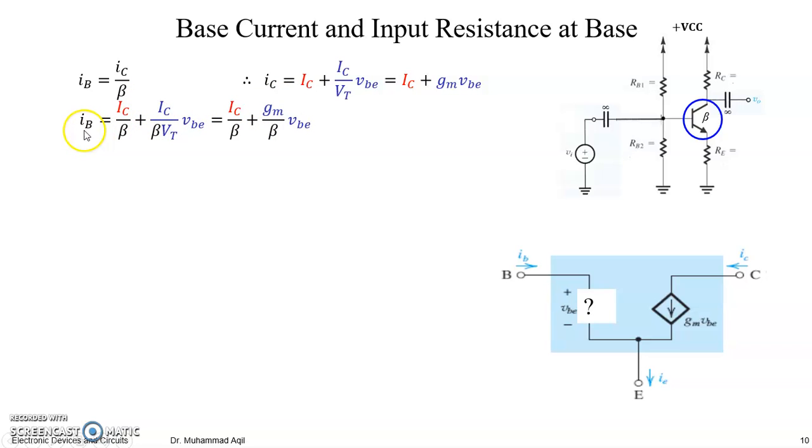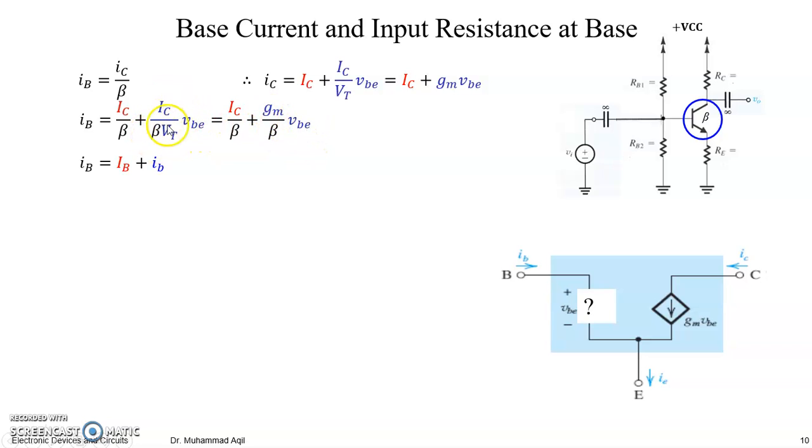So it means your total base current is also a DC base current plus an AC base current. The DC base current would be totally dependent on your DC biasing, so it is derived here, right? DC collector current divided by beta. The AC base current will be dependent on the AC value, so it depends on AC VBE, of course, along with DC biasing, right?